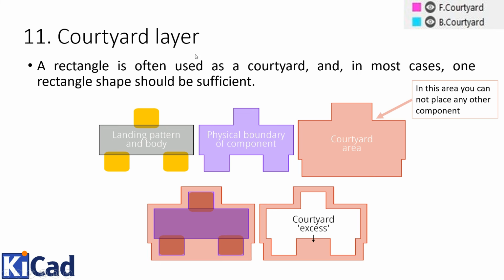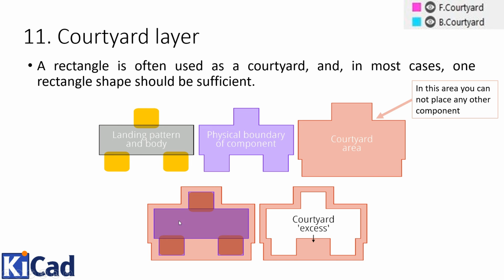A rectangle is often used as a courtyard, and in most cases one rectangular shape should be sufficient. So over here this is the landing pattern and body of the component, and this is the physical boundary of the component. Then this is the courtyard layer. The courtyard layer actually covers the entire component. It gives a little spacing beyond the physical boundary, and an extra area so that someone can easily place the components in the assembly process.